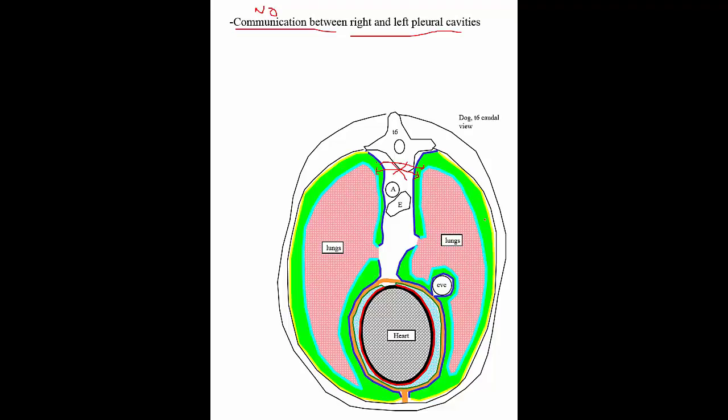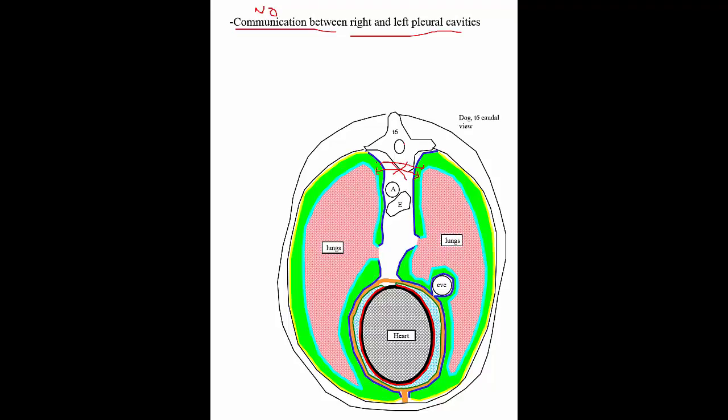An incomplete mediastinum means there's communication between the right and left pleural cavities. A complete mediastinum would not allow that. In cases such as pneumothorax or collapsed lungs, in our instance, it has clinical significance because one lung can collapse on one side and the other lung can still function, since there's a complete mediastinum and no communication between the two sides.